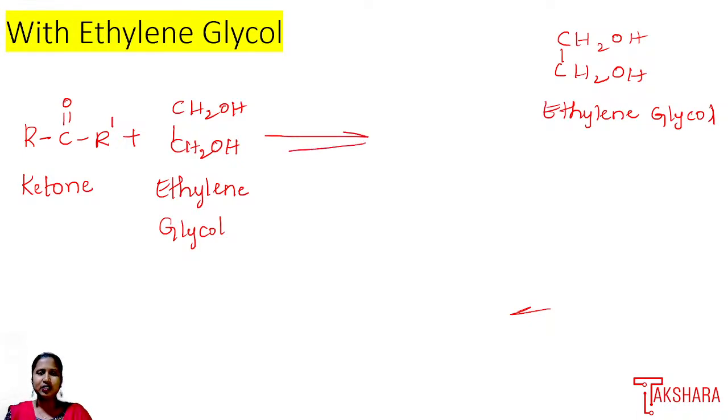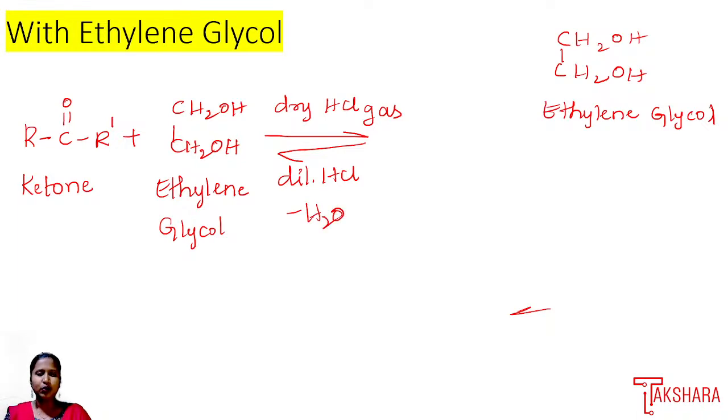This reaction takes place in the presence of dry HCl gas and also dilute HCl. In the presence of dilute HCl and dry HCl gas, both the reactant molecules combine, and we get a cyclic product by the removal of a water molecule.